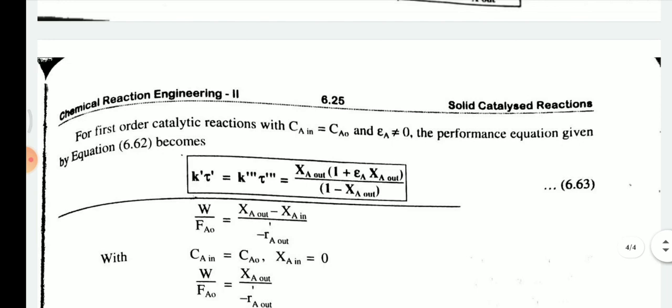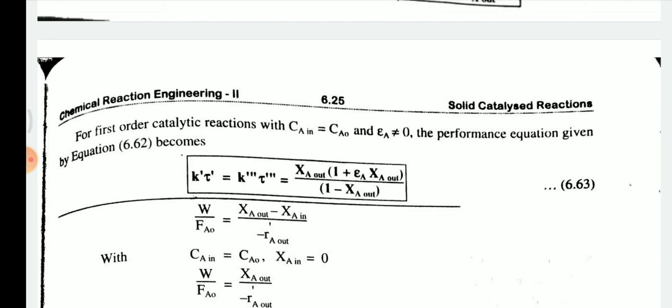So for the first order catalytic reactions with Ca in equal to Ca0 in, we will consider the inlet as the initial case, Ca0, and epsilon A should be 0.